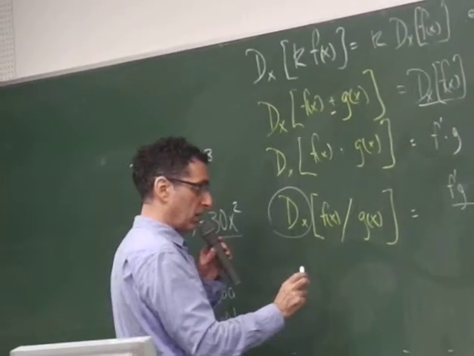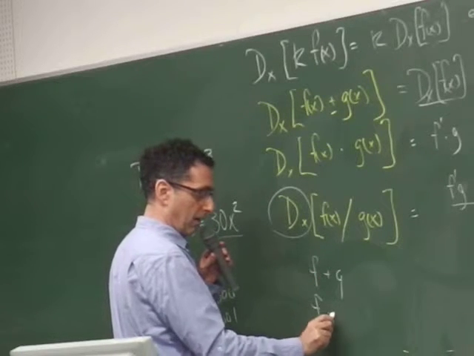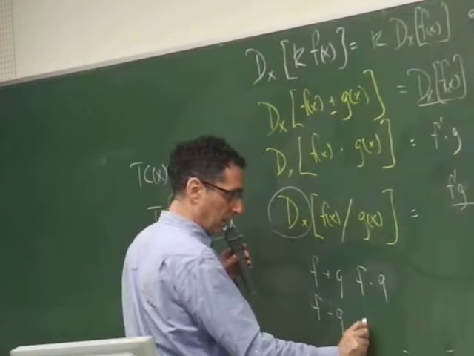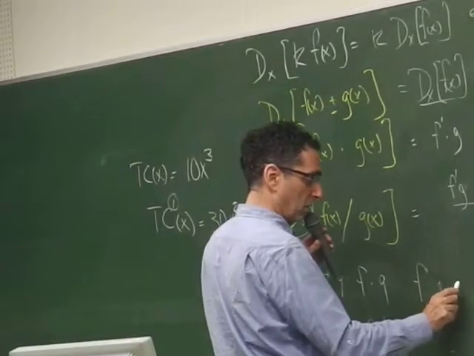So what does that mean? Function composition is not written as f plus g, f minus g, f times g, or f divided by g. It's written usually as f circle g.